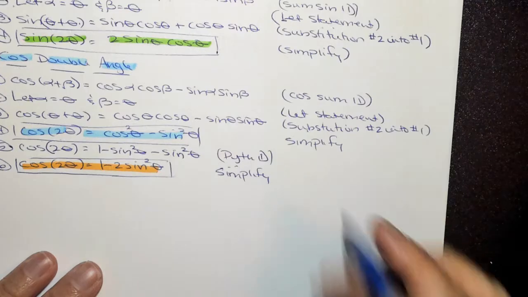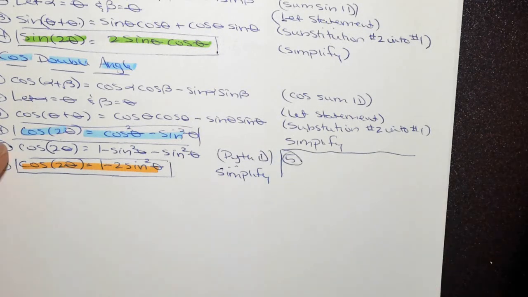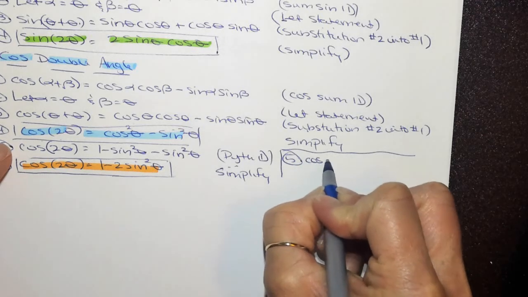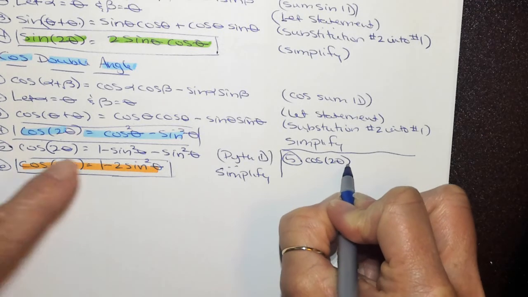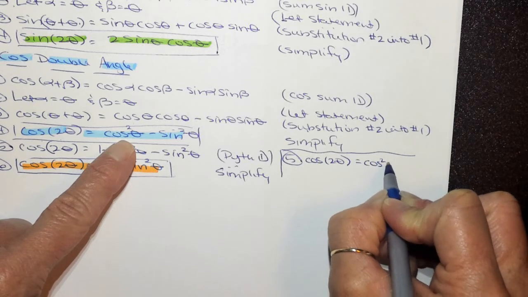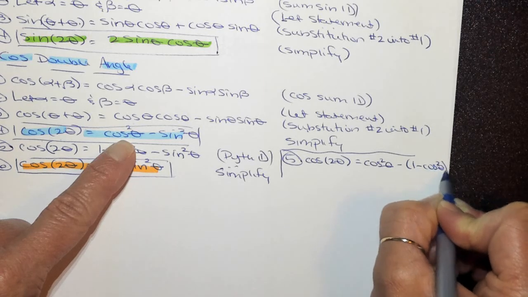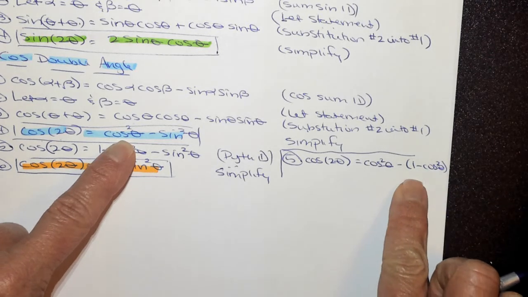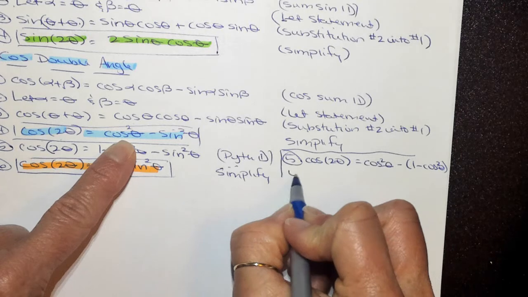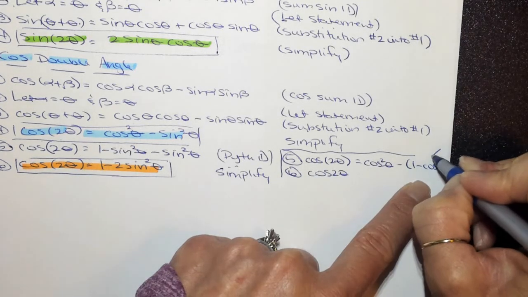Okay, and then another one where if I were to pick up at step 5, this is cosine 2 theta is equal to cosine squared theta minus 1 minus cosine squared. And you guys actually saw that in problem number 10 from your homework. So then cosine 2 theta, here this would be the Pythagorean ID.